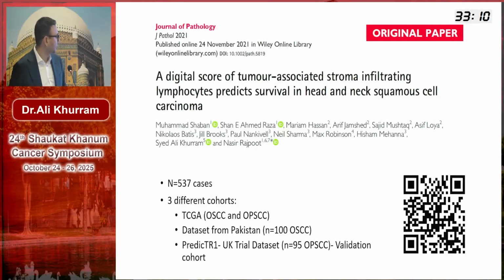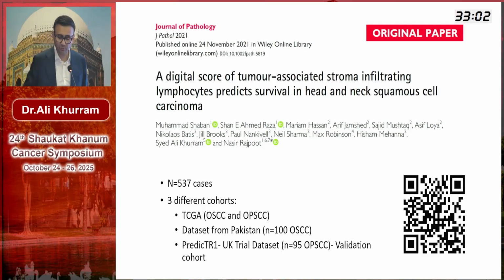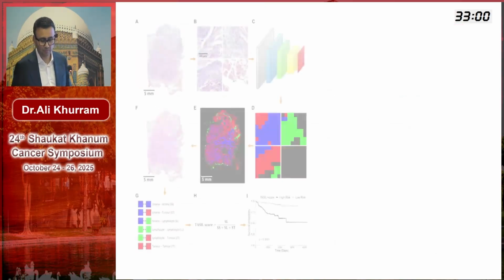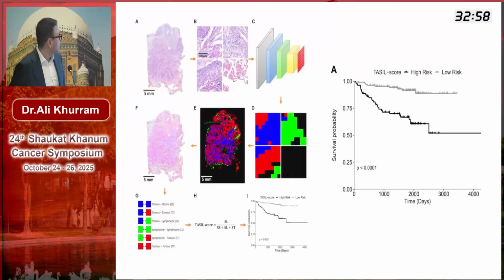So we looked at, of course, the cohort from Shaukat Khanum, but also TCGA, and also PREDICTR, which is a UK trial of oropharyngeal carcinoma. As I mentioned, the pathology images are quite big, so you break them up into smaller patches, and then these go into an AI model, and here's the prediction on a whole slide image level, where red is the tumor.